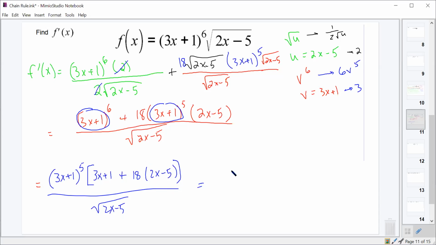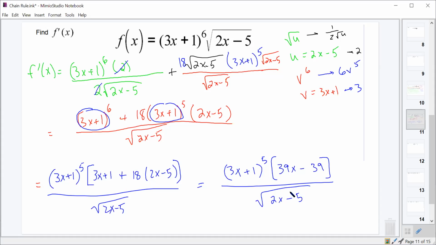And now we should be able to simplify that to 3x plus 1 to the 5th. And then down here, we're going to have the 18 times the 2x is 36x plus the 3x is 39x. And then we're going to have minus 40 there, but plus 1, so minus 39, all over root 2x minus 5. Oops, 39, is that right?